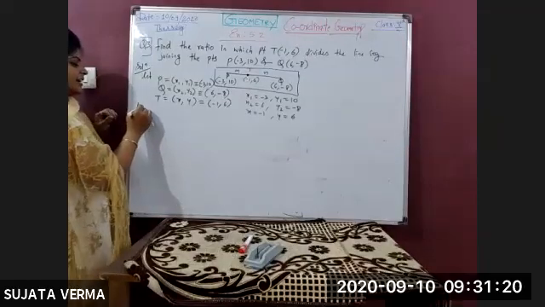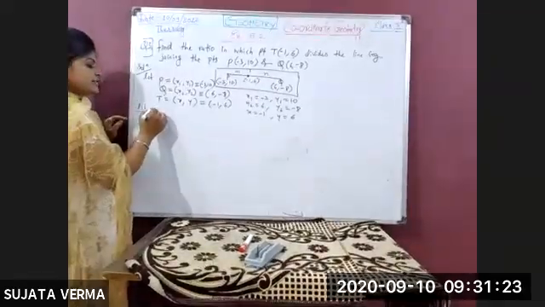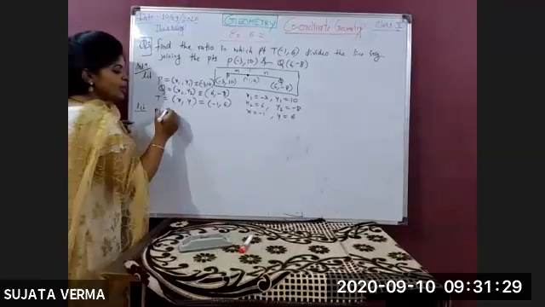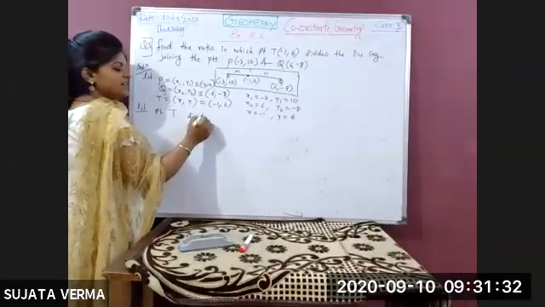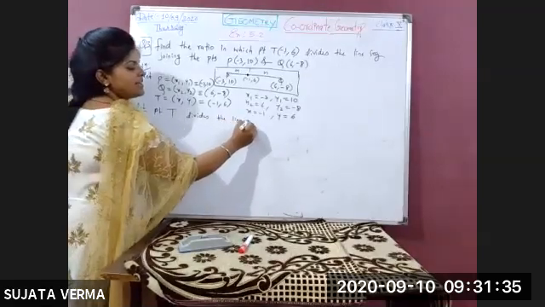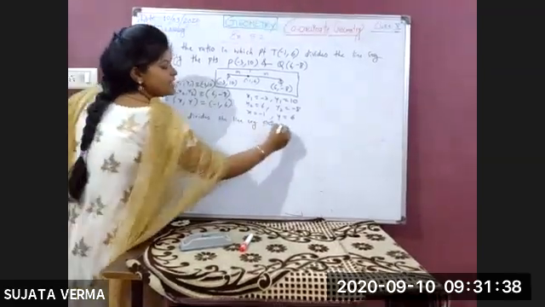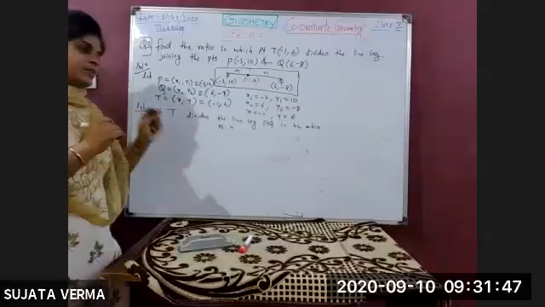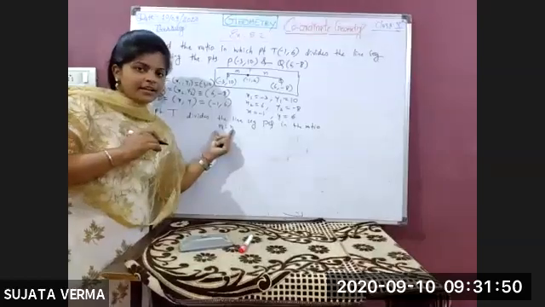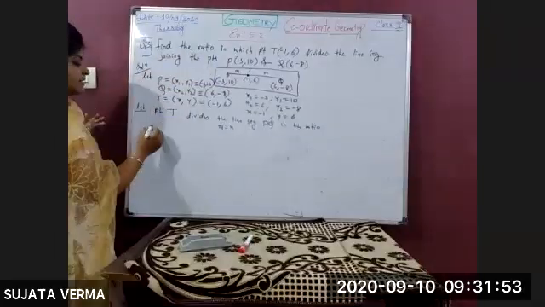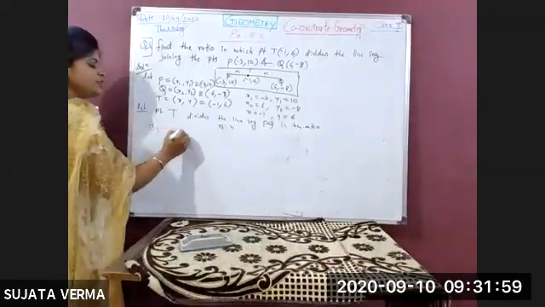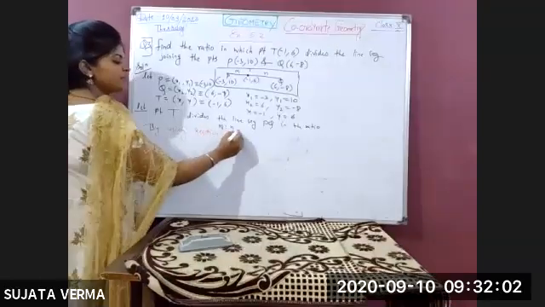Okay. Again we assume that the point T divides the line segment PQ in the ratio M is to N. But we have to find the values of M and N. Then we apply again the section formula.